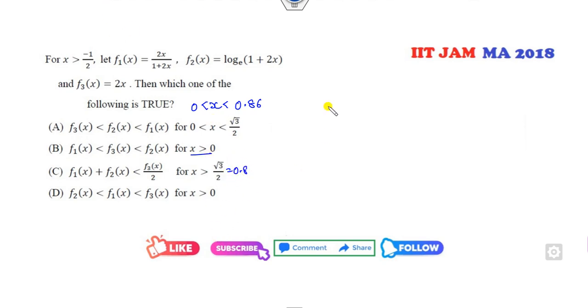Fine, and so on. So firstly I can choose x is my 1. Fine. What is my f1? It is 2 over f3, fine. What is f2? It is log of e3. What is my f3? It is my 2, fine. So can you find the value of the log of 3? So let me calculate it quickly.